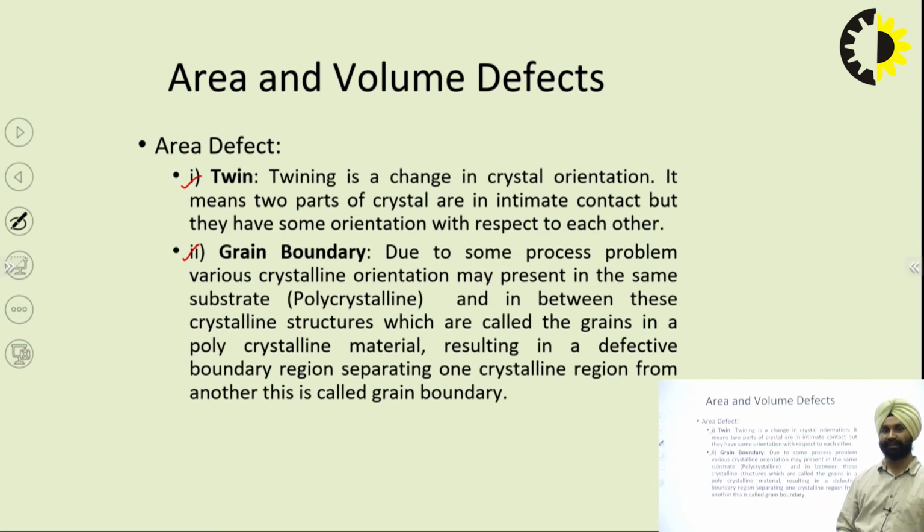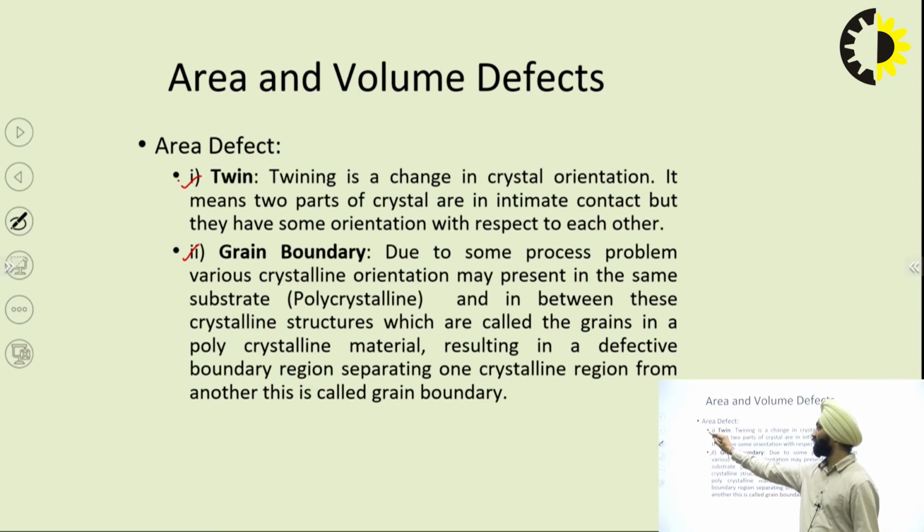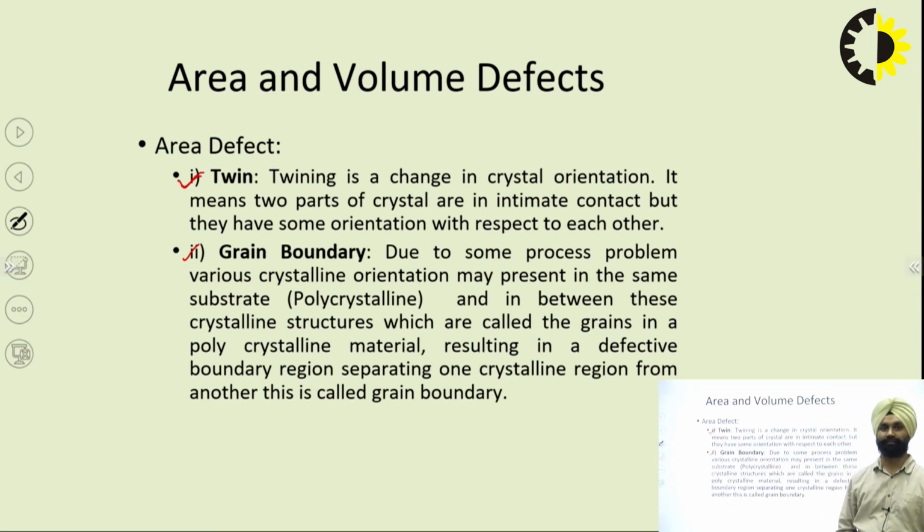For example, we have seen that amorphous structures have different orientations in different parts. They are not consistent. Similarly, if the whole crystalline structure is uniform, but has different parts in which two different orientations are present, then this is a twinning area defect.